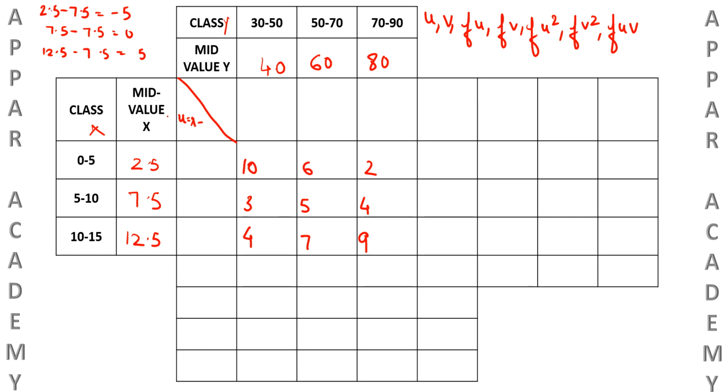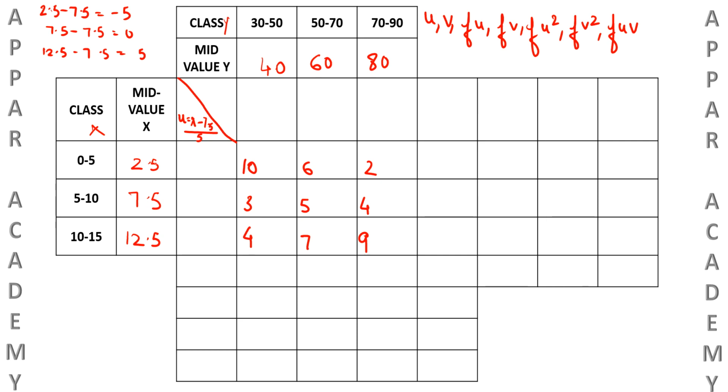So we use 7.5 as the assumed mean. What do you think should be our h? Our h, the number we are dividing by, should be 5 so that we get the figures in minus 1, 0 and 1, right? It's not always necessary to get the figures minus 1, 0, 1, but we are simply trying to reduce the magnitude as far as possible to make our calculations as easy as possible.